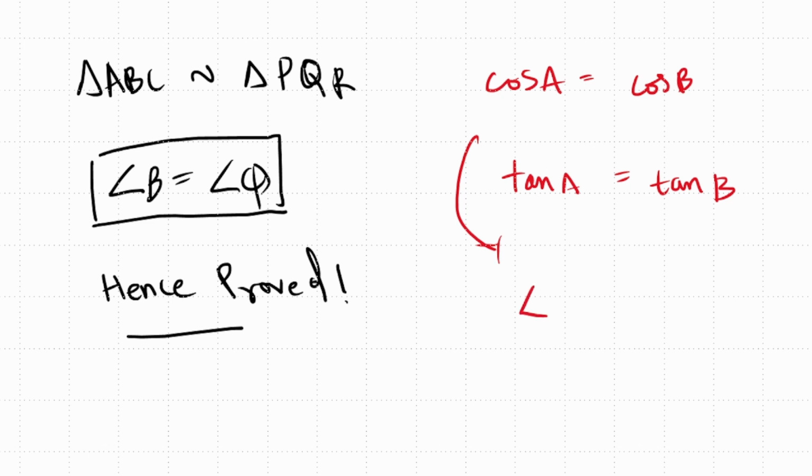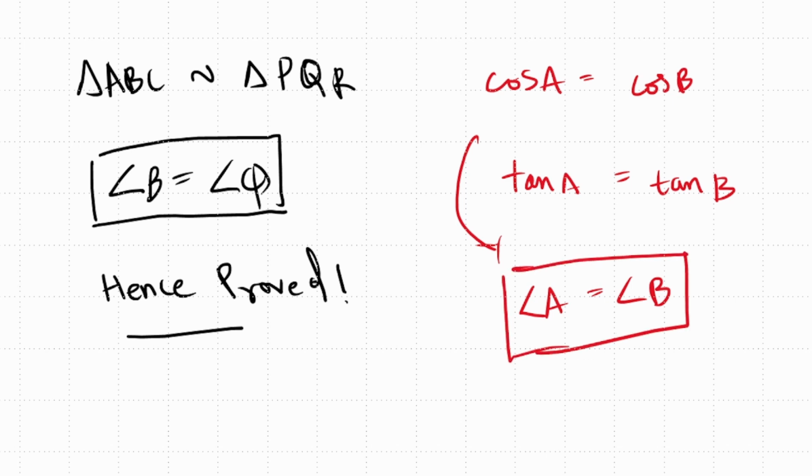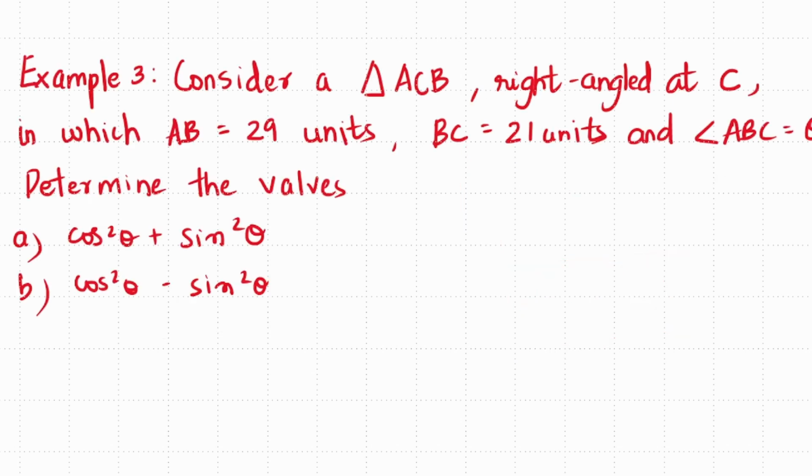In this case, if the trigonometric ratios of a particular angle equal the same trigonometric ratio of another angle, then the angles are equal. Simple rule. Okay, let's move on to the next question.